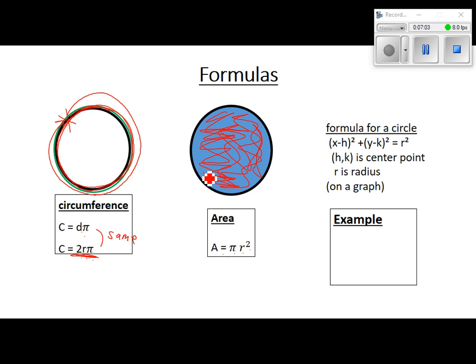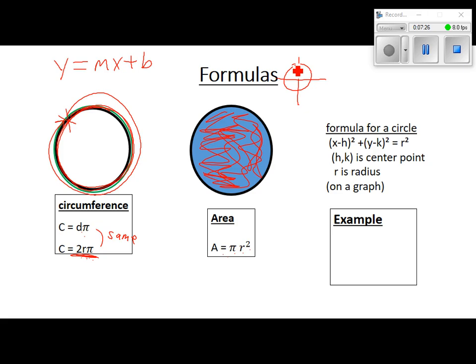The formula for a circle. Last year you learned that this was the formula for a line: y equals mx plus b. That's a linear equation. That's a formula for a line. Formula for a circle. So if you were to graph one of these formulas on your calculator, it would come out to be a circle.